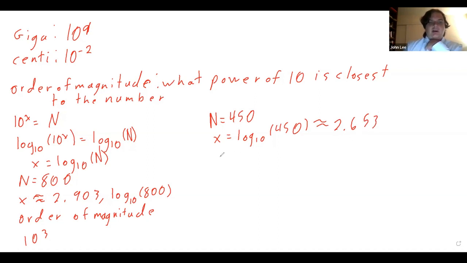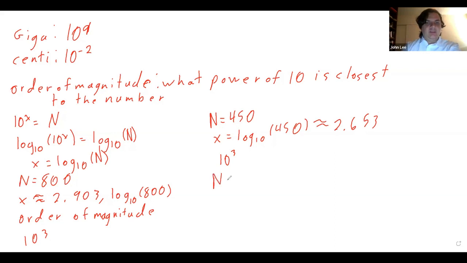So it also has an order of magnitude of 10 to the third, even though 450 is significantly closer to 100 than it is to 1,000. Numerically, it is logarithmically closer to 10 to the third than it is to 10 to the second.